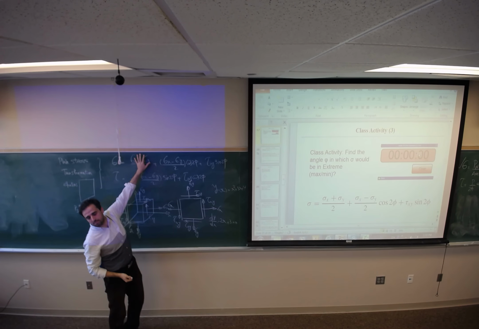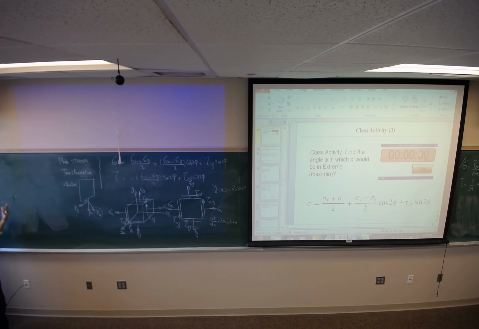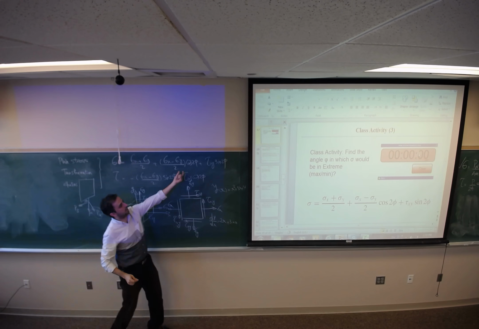The first term doesn't have any phi, so I don't differentiate that. We know that the derivative of cosine of 2 phi with respect to phi is going to be negative 2 sine of 2 phi. And the derivative of sine of 2 phi with respect to phi is going to be 2 times cosine of 2 phi. So the second term has cosine of 2 phi.